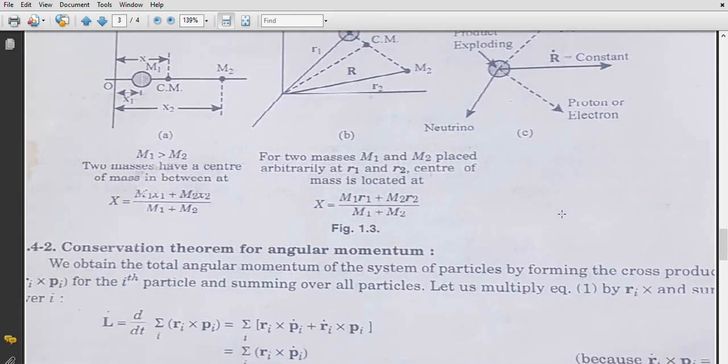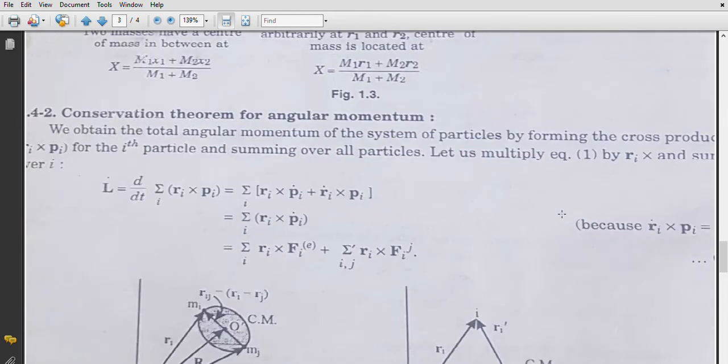Now moving over to the second law, that is the conservation theorem for angular momentum. We know that angular momentum of the system is ri cross pi. This is the expression of angular momentum for the ith particle.